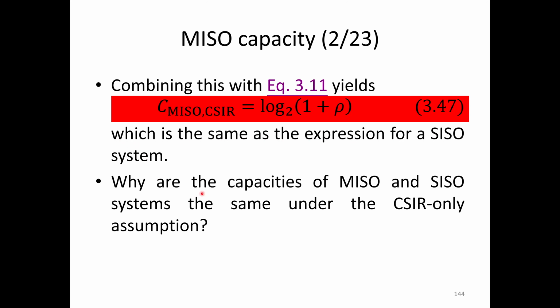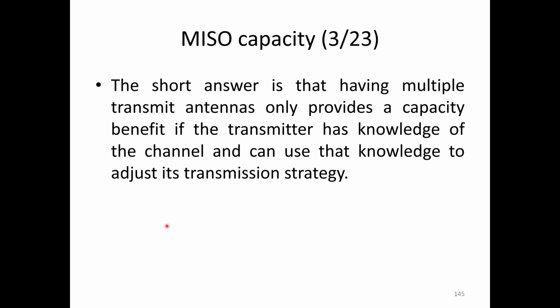Why are the capacities of MISO and SISO systems the same under the CSIR only assumption? I believe that you may also feel that it is very strange. Let us see. The short answer is that having multiple transmit antennas only provides a capacity benefit if the transmitter has knowledge of the channel and can use that knowledge to adjust its transmission strategy.